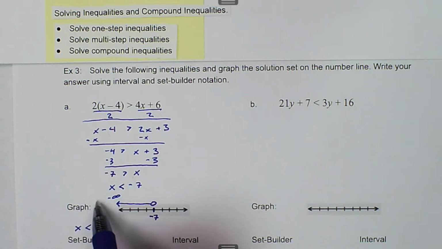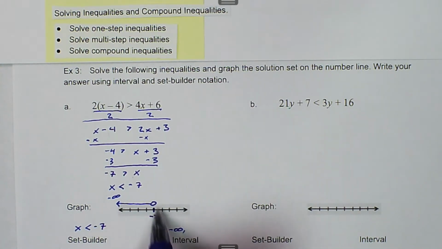So we start over here on the left, and the first thing we come to is negative infinity. And then we finish at negative 7. Then we got to decide, are these included or not? Infinity is never included, and in this case, negative 7 is not included because there's no equal sign, so we'll use the parentheses.